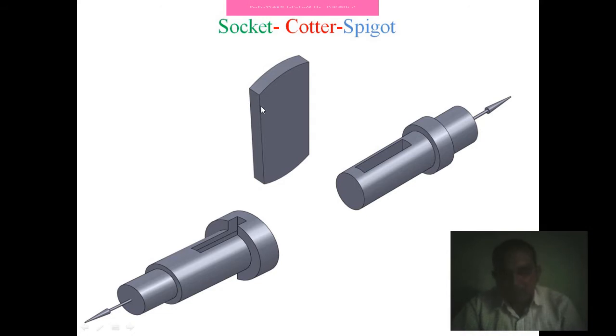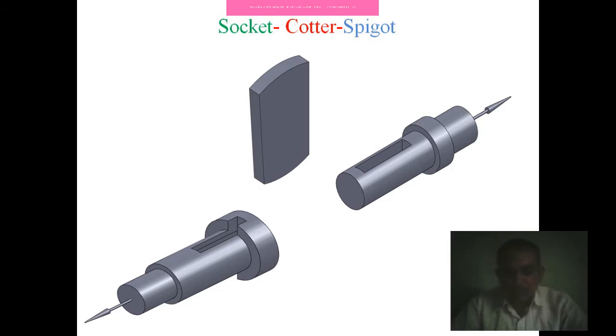A cotter is wedge shaped like this, perpendicular to the force direction on one side and inclined to it on the other. A cotter is a wedge shaped piece made of steel plate.